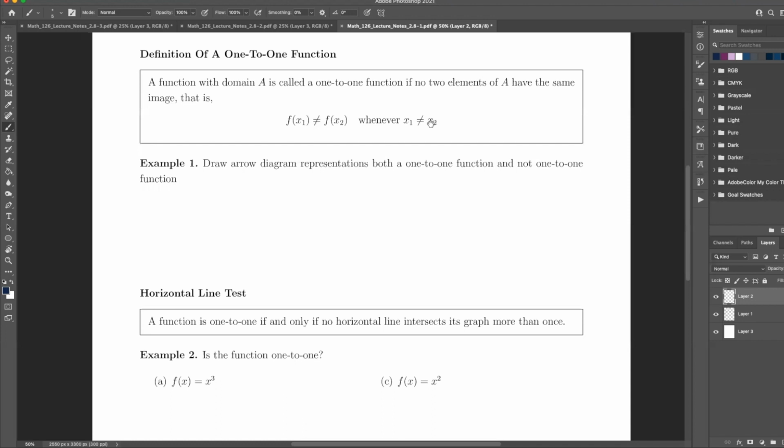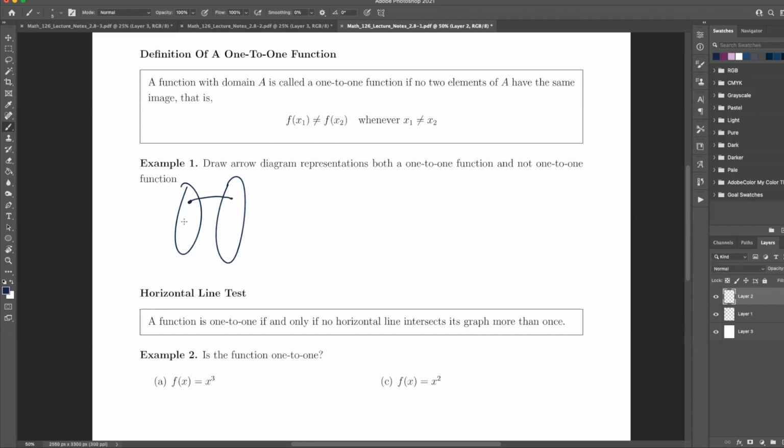And since it's a function, if I have the same input, it gives a singular output. Anyways, let me just draw some diagrams before I get you lost on what I'm saying.